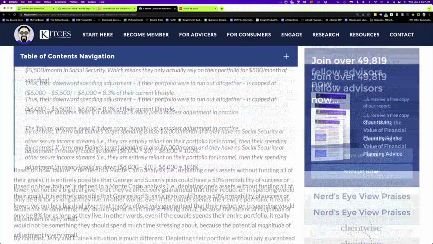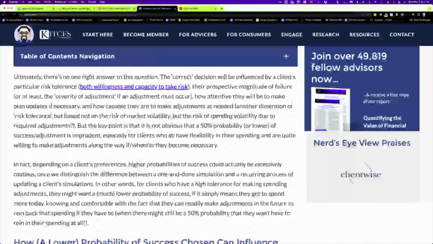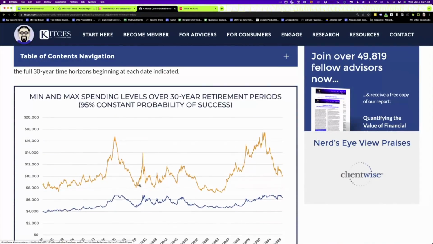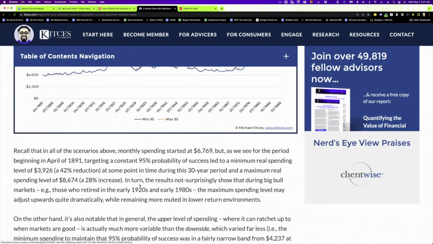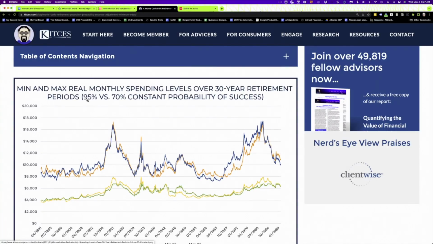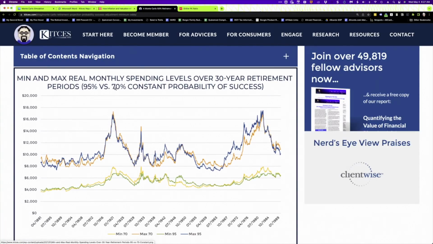And we're scrolling, and we're still scrolling. And I promise you it's here. This is the first one. This is actually comparing 95% chance of success versus 70.